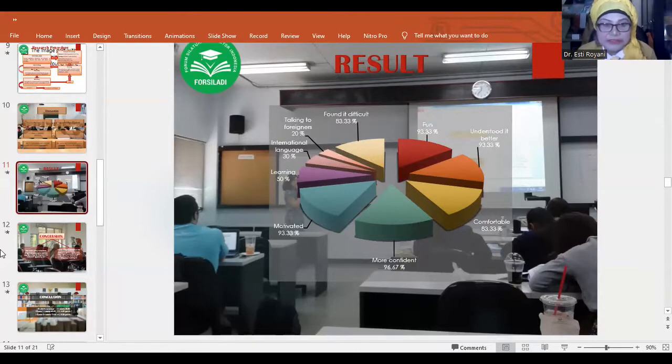They felt comfortable, and they realized English is an international language. You can see how many percent in my pie chart, and how many percent are motivated to learn English. So this is the result that I got after I did the test with around 30 students.